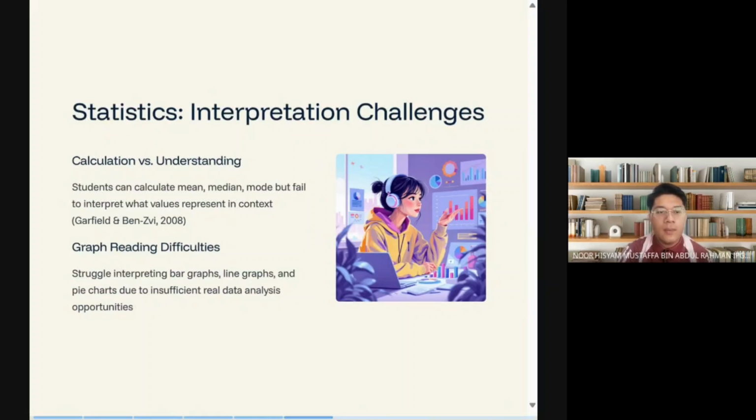Another common difficulty in geometry involves understanding three-dimensional shapes. Students often find it challenging to visualize objects such as cubes, prisms, and pyramids because these shapes require spatial reasoning skills.